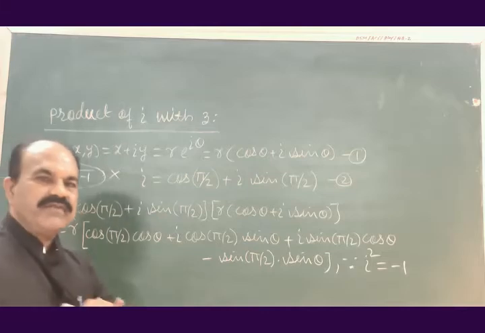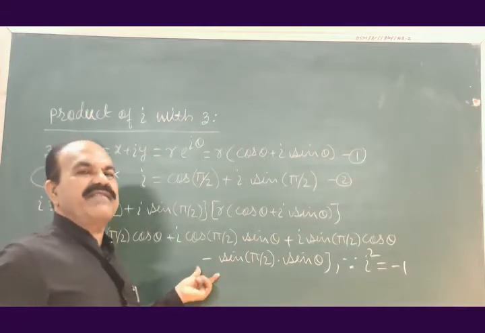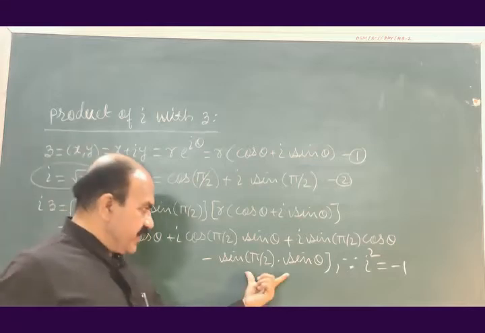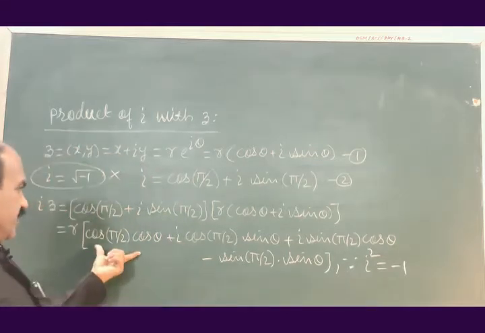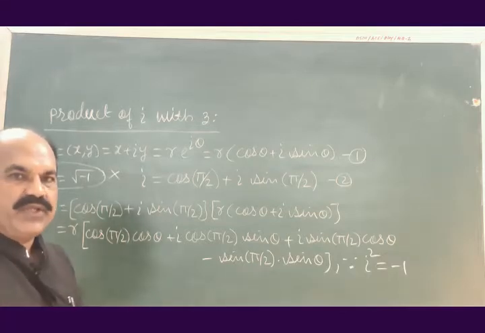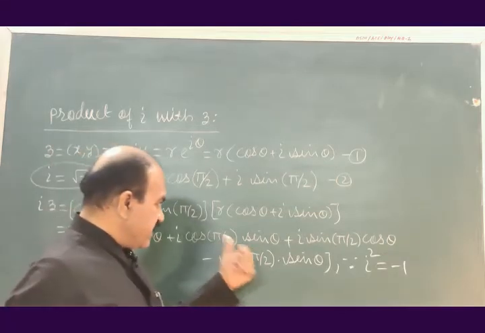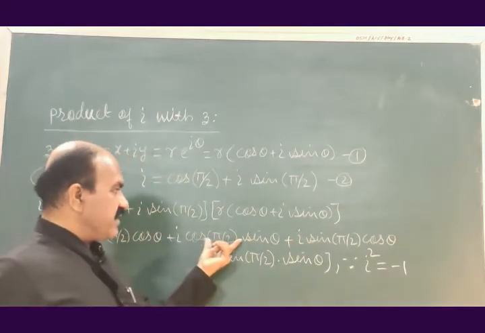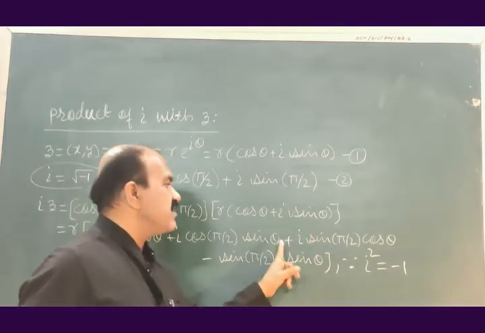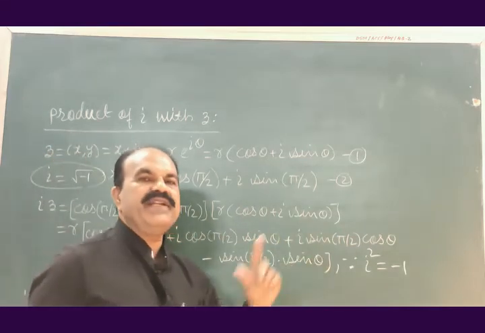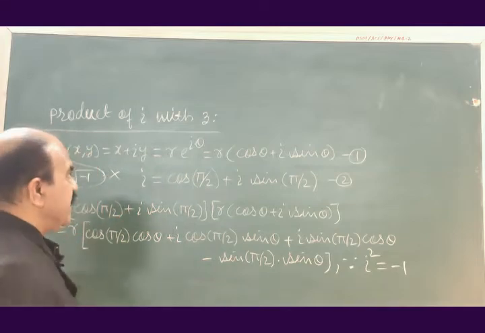As i square is equal to minus 1, this plus i square is replaced by minus. This is real part, this is real part. These two real parts can be taken together. This is imaginary part, this is imaginary part. From these imaginary parts, i can be taken common, and this can be taken in one bracket.